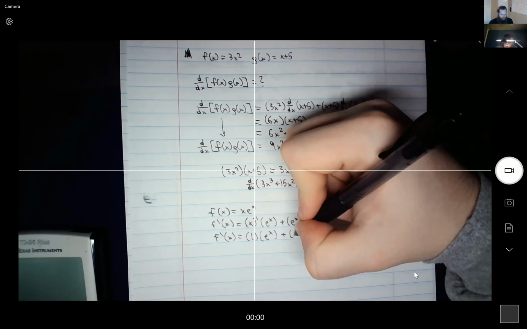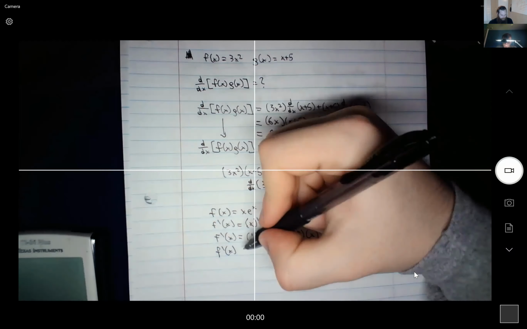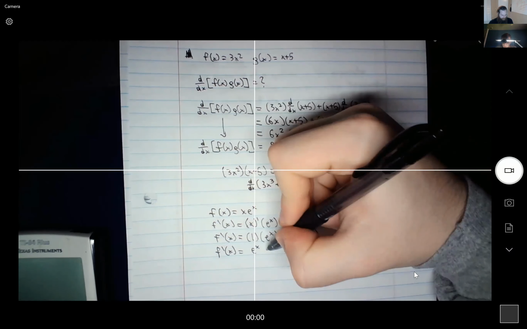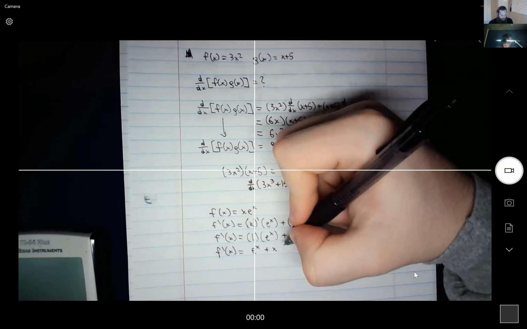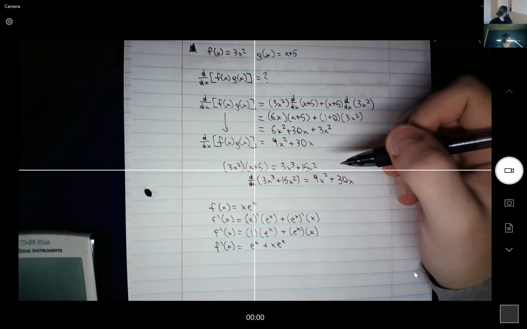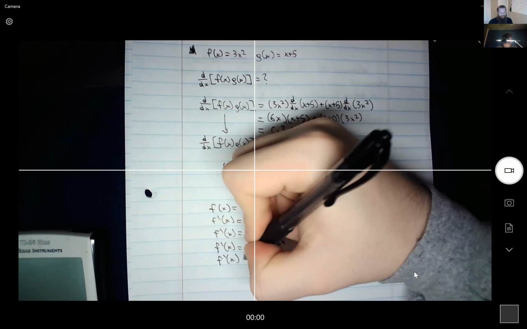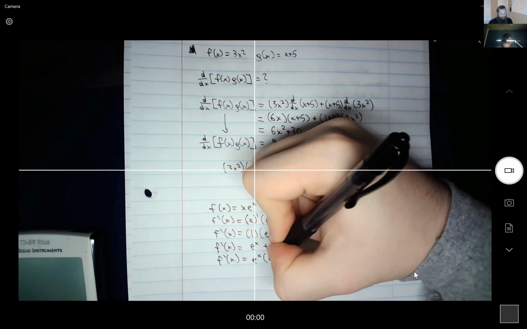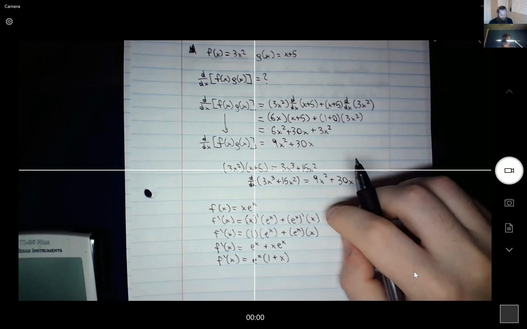The derivative of e to the x is e to the x, times x. So we would multiply 1 times e to the x, which is e to the x. Then e to the x times x is going to be x e to the x, like that. And then we can factor out e to the x. From there, we would get e to the x times 1 plus x, like that.